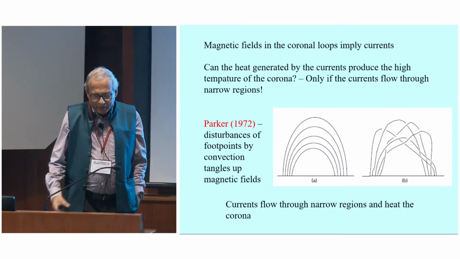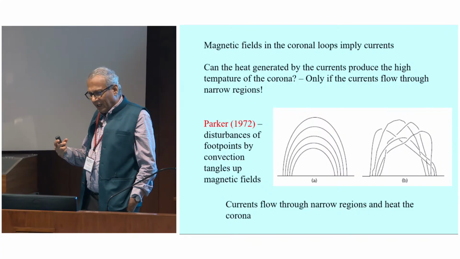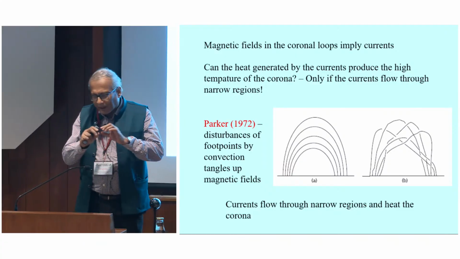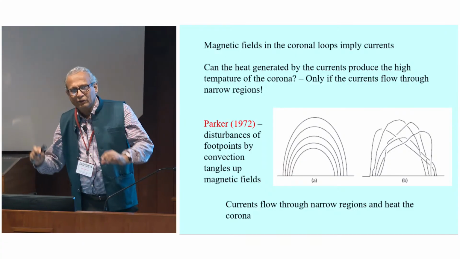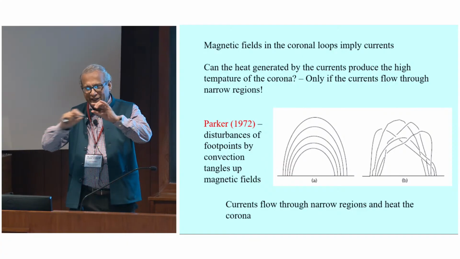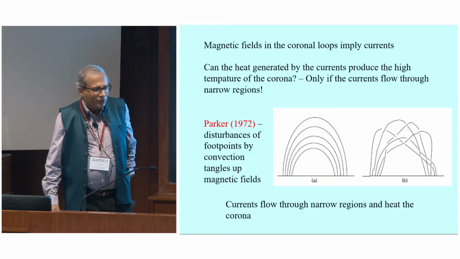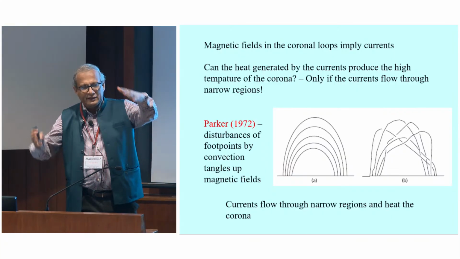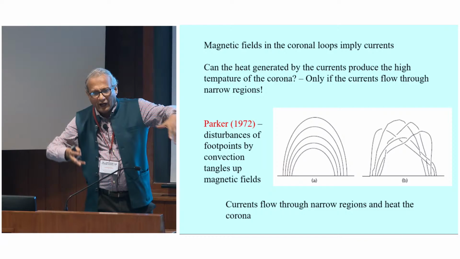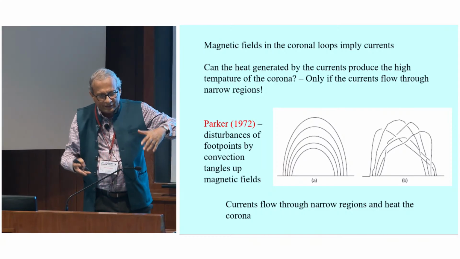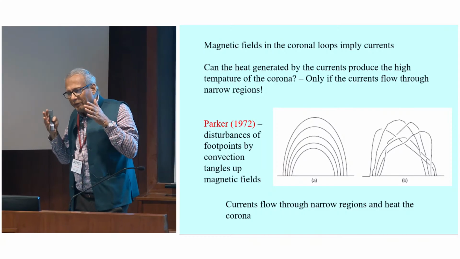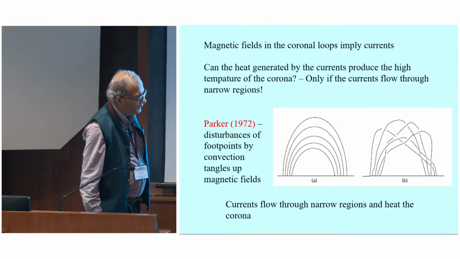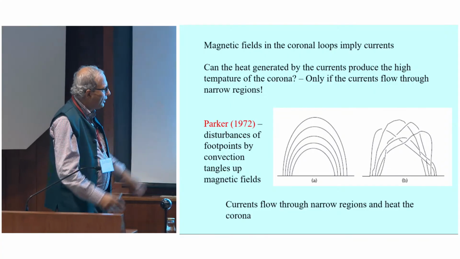And another very important result of high school physics, which all of you should know, is that if you send the same current through a thick wire and a thin wire, then much more heat is generated in the thin wire. So when astronomers made some estimates, they found that if the currents in these coronal loops flow through very large regions, then not much heat is produced. But if somehow you could make the currents flow through very narrow regions, then much more heat would be produced. But why should it happen?